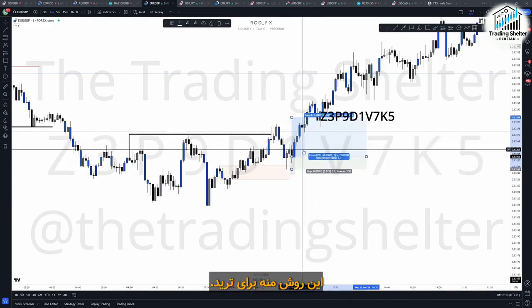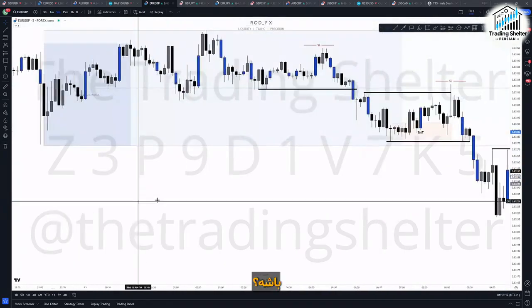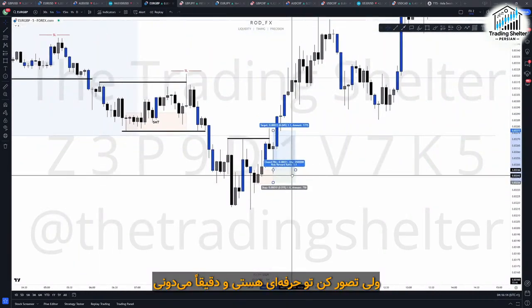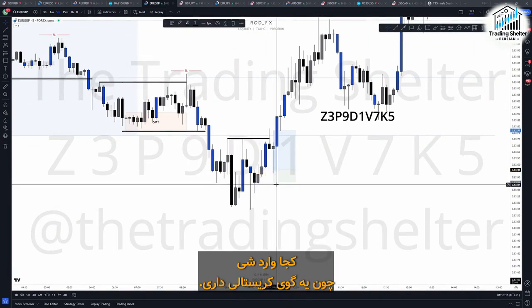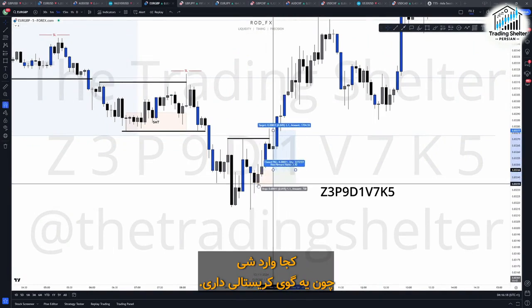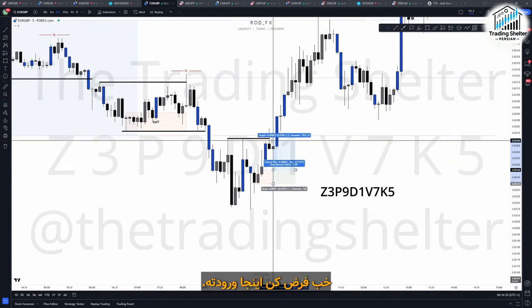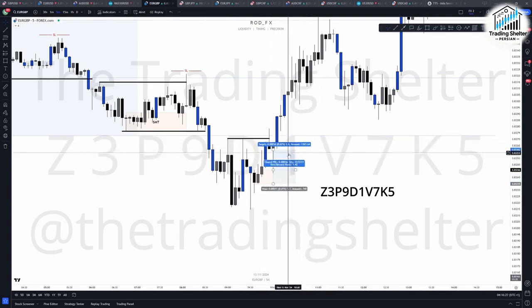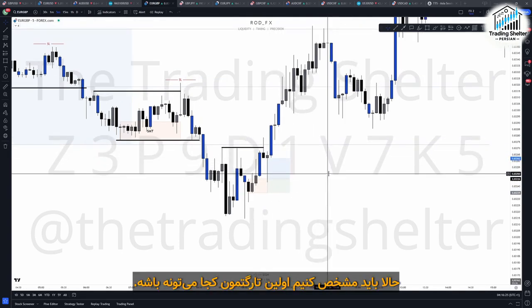This is how I trade personally, okay? But let's imagine that you're a professional and you know exactly where to enter because you have a crystal ball. So let's say this is your entry. Now we need to identify where would be our first target.